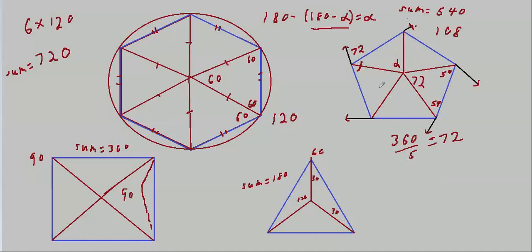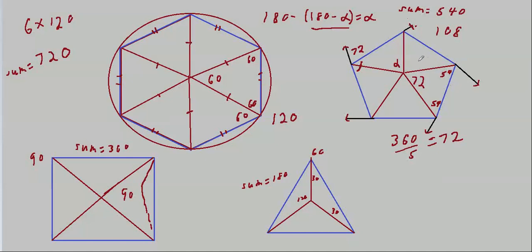So why would these exterior angles add up to 360? Well, the exterior angle is congruent to this angle made by these two radii. And there are exactly as many, there are the same number of vertices as there are sides. We have 5 vertices and 5 sides.